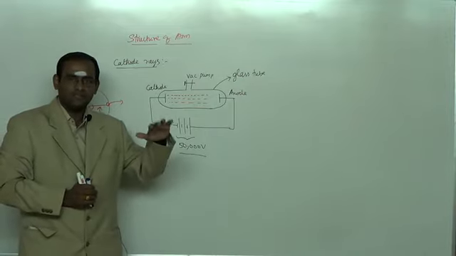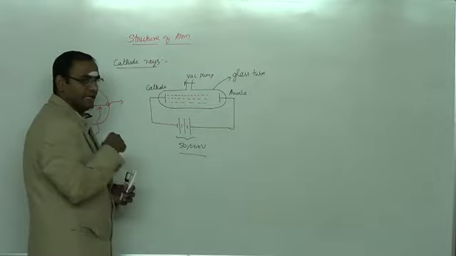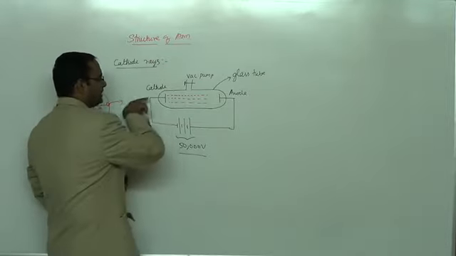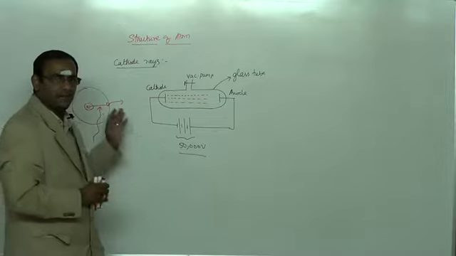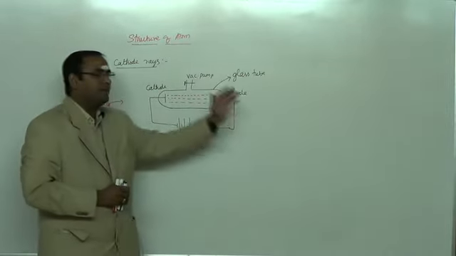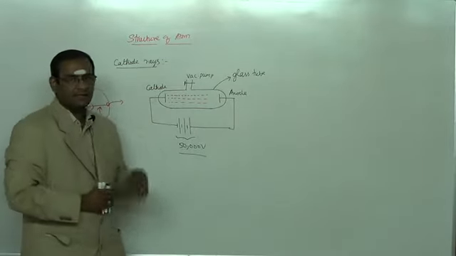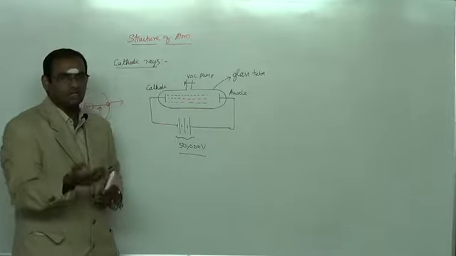So if the pressure is too low inside, then this high potential ejects out the electron from the cathode, and there is a stream of particles traveling from cathode to anode. Such a stream of particles traveling from cathode to anode, they are called as cathode rays. Now this is the origin of cathode rays.